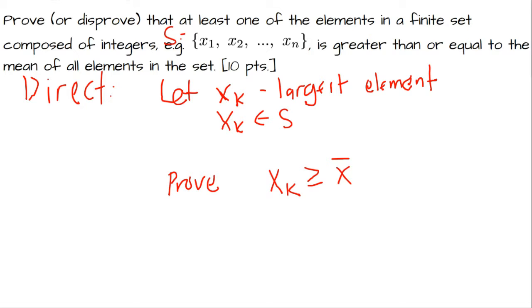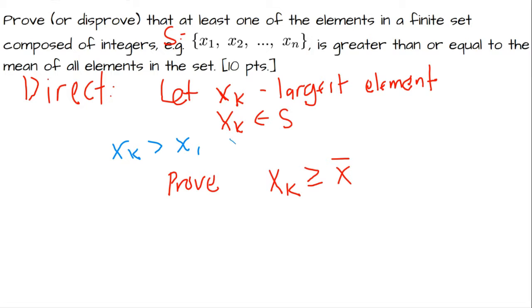For example, this is the mean. By assuming that x sub k is the largest, we have an idea that x sub k will be larger than your first element, say x sub 1.